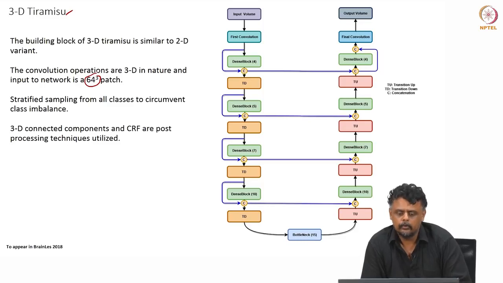So if you want to remove those, then you can either do a connected component or a CRF. CRF takes into account the context, so that's a better way of doing it. But most research groups aim at not trying to do this post processing, and rather just use the output from the network itself as the final result.